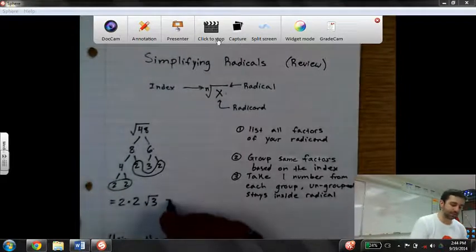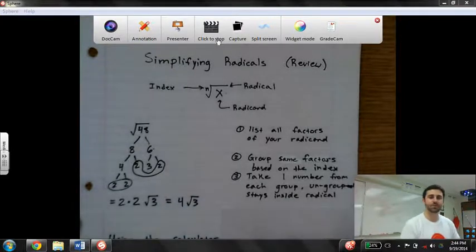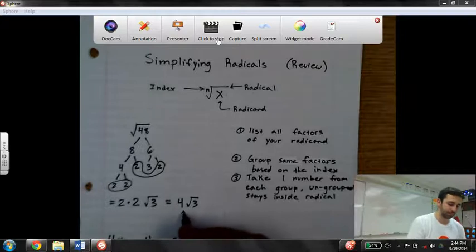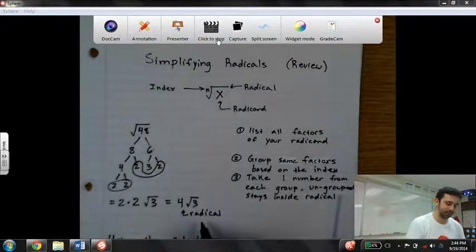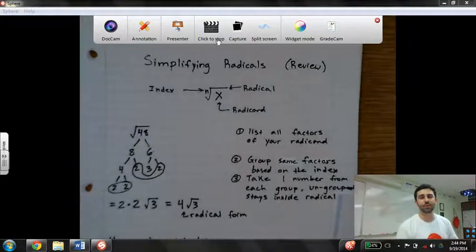This can be simplified to 4 times the square root of 3. And this is expressed in what's called radical form. You want to make sure we are reading directions carefully to any activities or assessments, and if it says leave in radical form, you can leave it with the radical symbol rather than take it into a decimal.